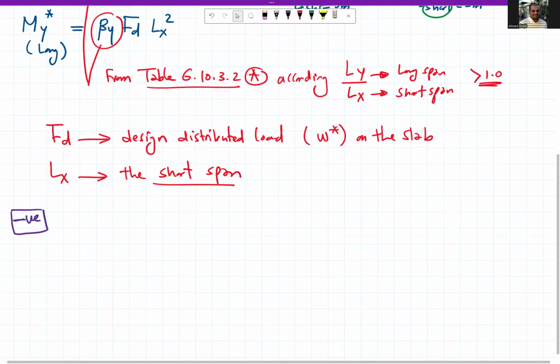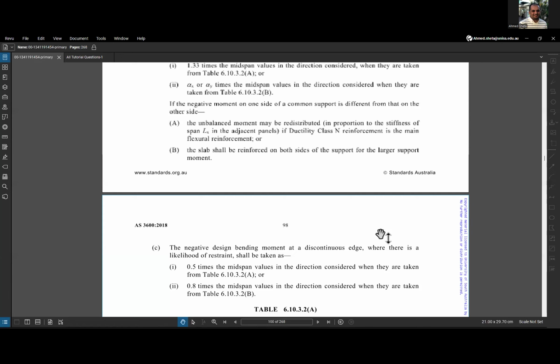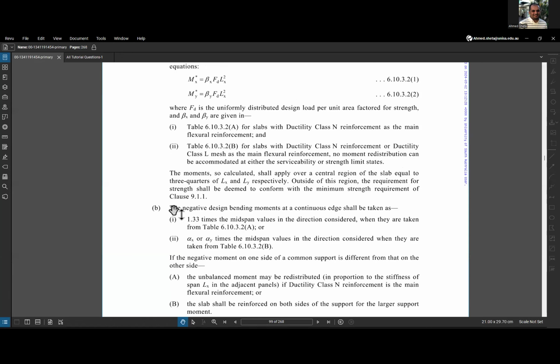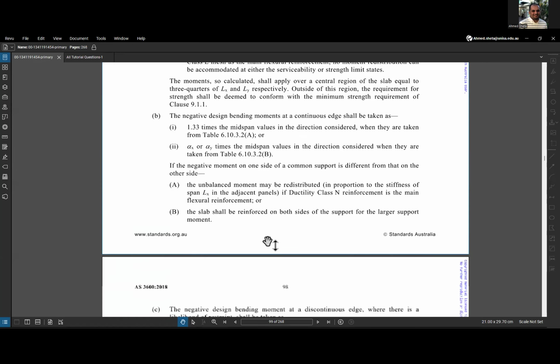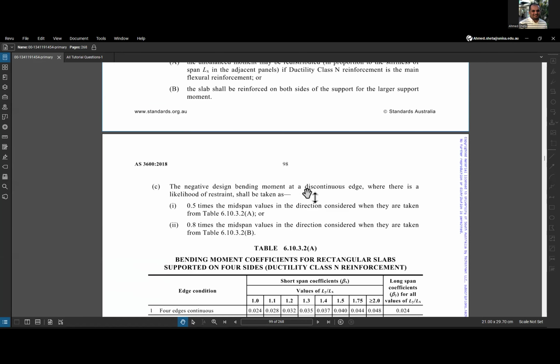for the negative moments, if we go to the standard again, the standard gives us the negative moment at point B as 1.33 times the midspan value in the direction considered. This is the negative bending moment at a continuous edge, and the negative design bending moment at a discontinuous edge is 0.5 times the midspan value.